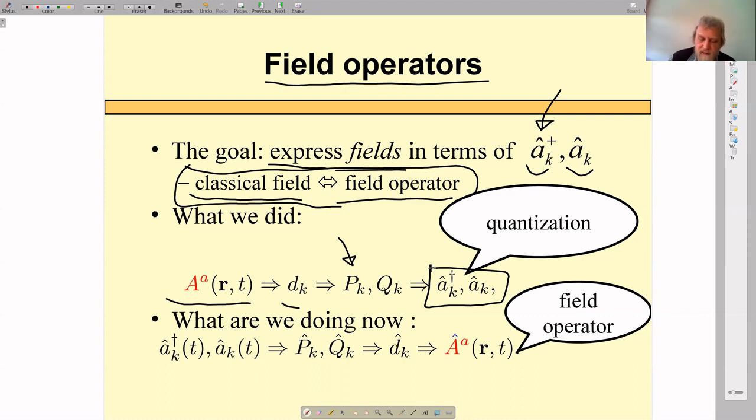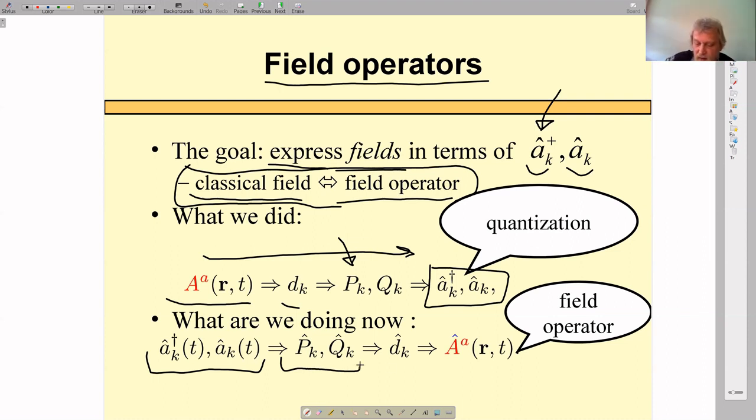Creation and annihilation operators. This is just a set of linear relations. What we want to do now is just to invert this set of linear relations. From creation and annihilation operators, we can express generalized momentum and coordinate.